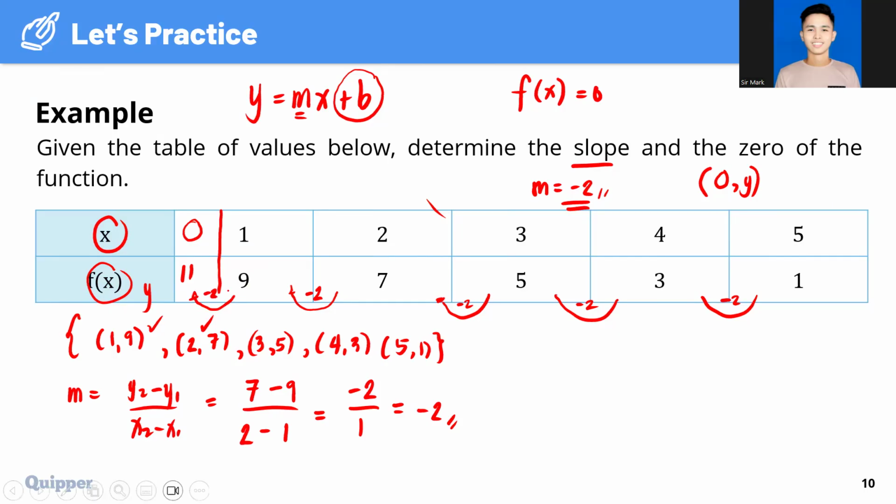So we also have (0, 11) as part of the coordinates for this given function. And since we have (0, 11), we can tell that our y-intercept is 11. Is that clear? May pattern po, tama? So I just inserted 0 kasi we have 1, 2, 3, 4, 5 there already.